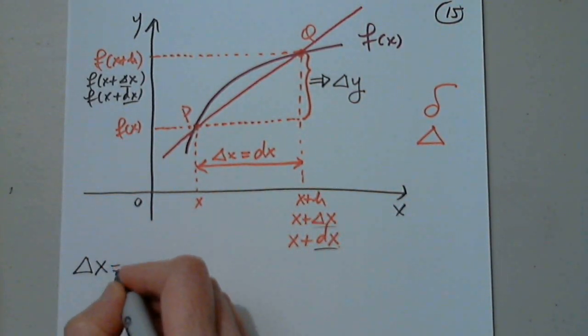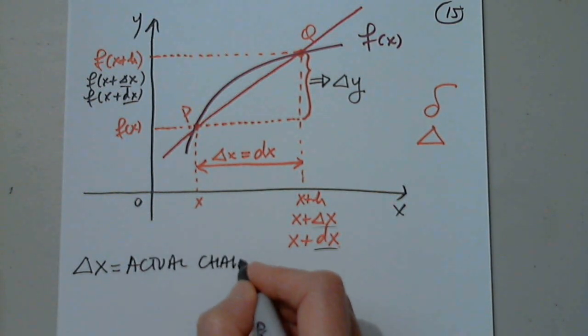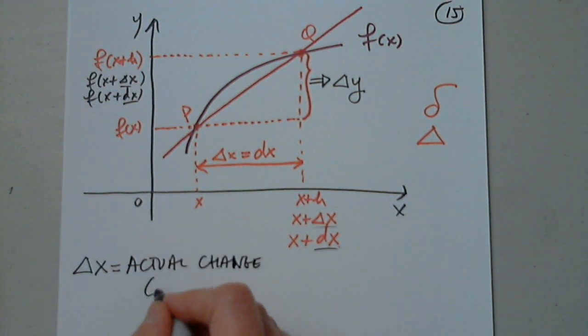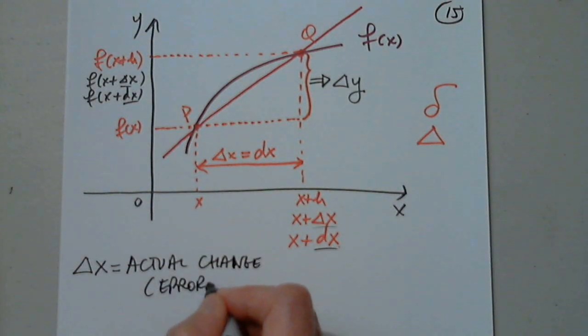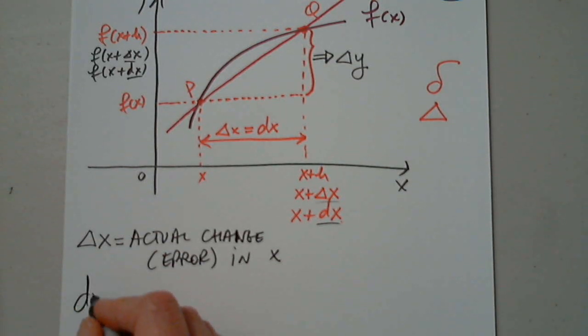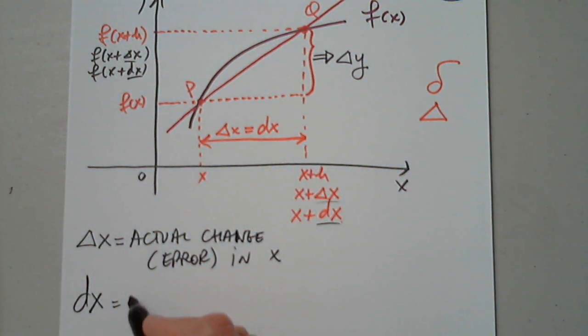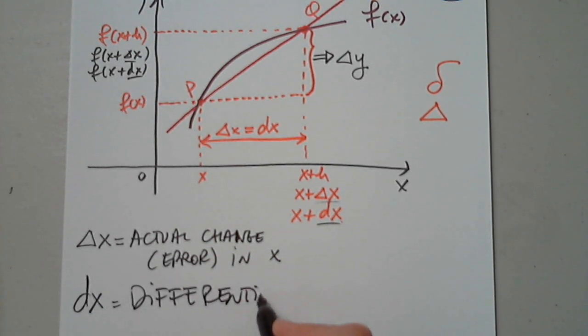So delta x is the actual change, if you want to call it error, in x.